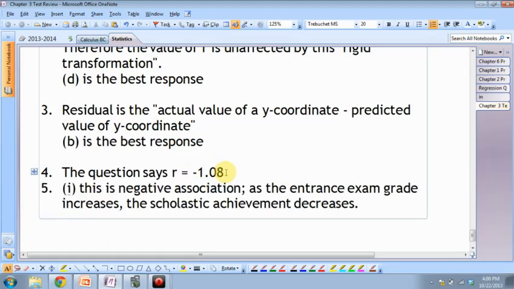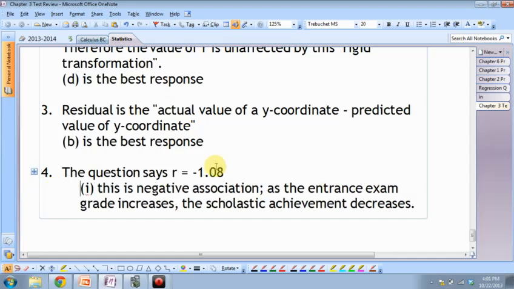The negative association does not sound correct in context. If the entrance exam grade is higher, then the scholastic achievement should also be higher, not lower.